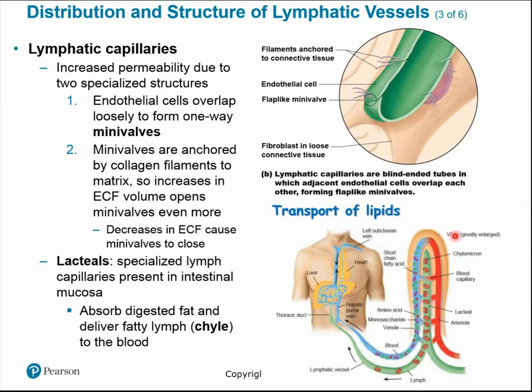So again, this is because we just want to filter and clean that fluid, that substance of any potential bacteria or pathogens before we allow it into the systemic circulation. So one of the easiest ways for pathogens to get into the body is through our food and digestive system.